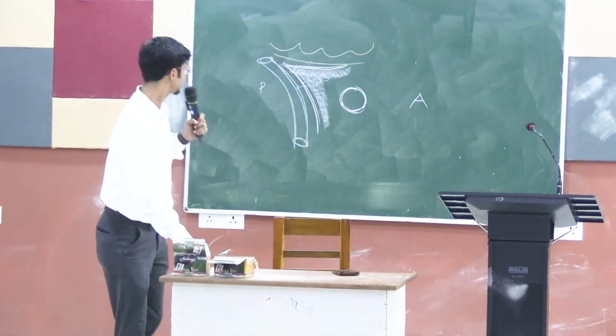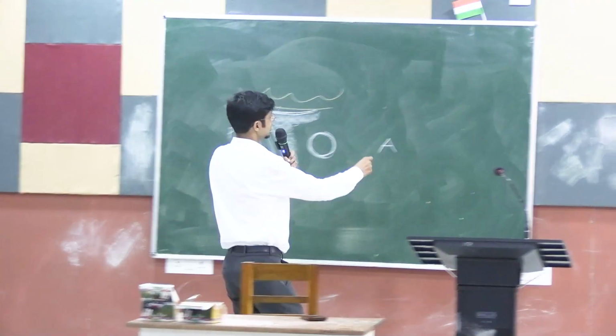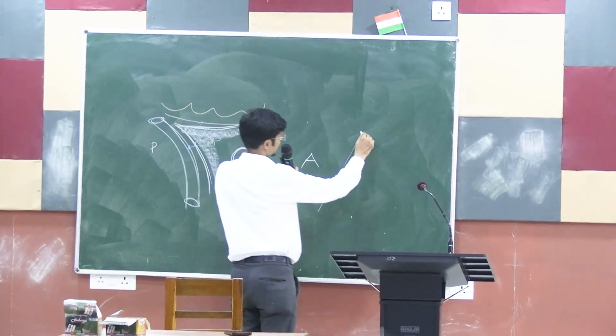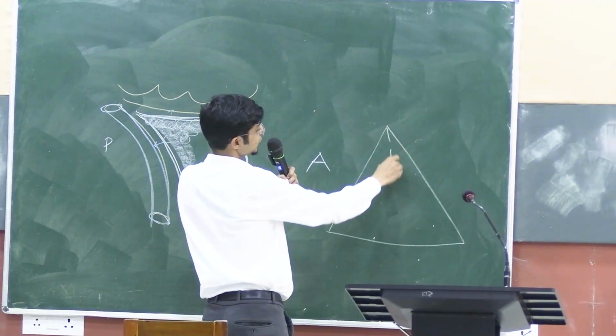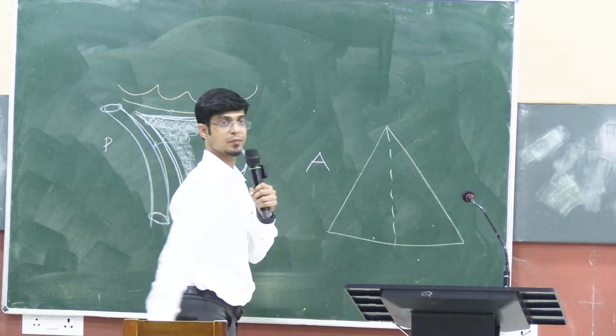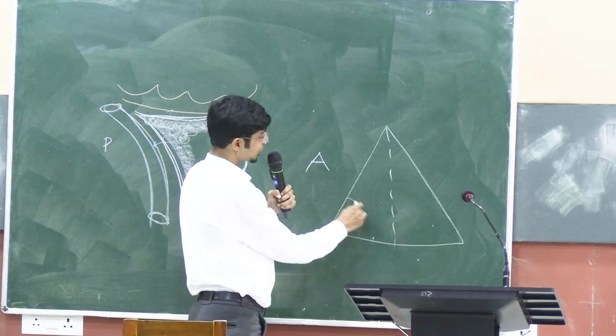is say this is the nose. This is supposed to be the septum, and we have the turbinates on each side.